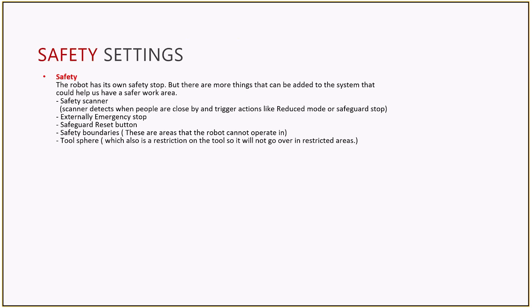That's programmed in these robots already. But there are more things that can be added to the system that could help us have a safer work area. For example, we can add a safety scanner. Why a safety scanner? Because if the scanner sees anything in the neighborhood, it can either stop or reduce the speed of the robot so accidents will not happen, or if it happens, it won't bump into you so hard.